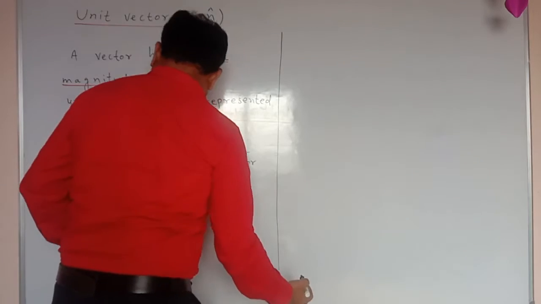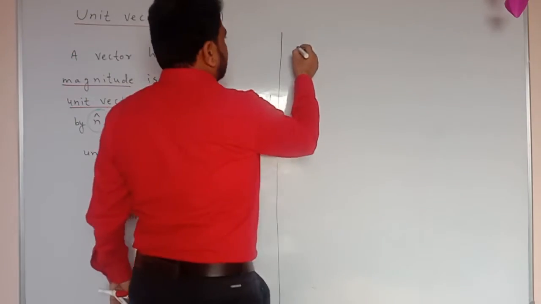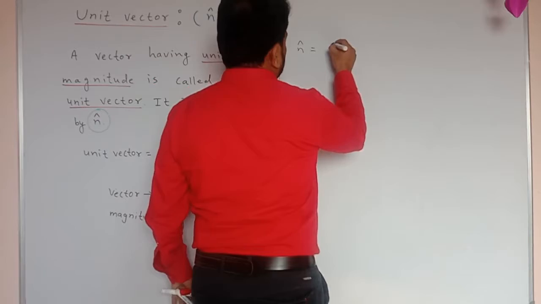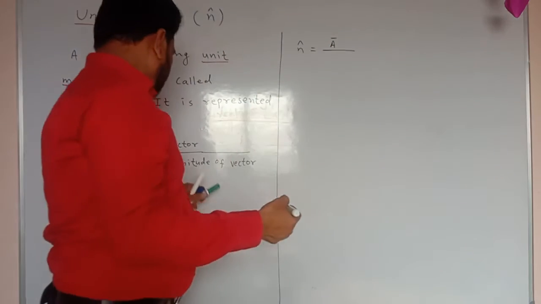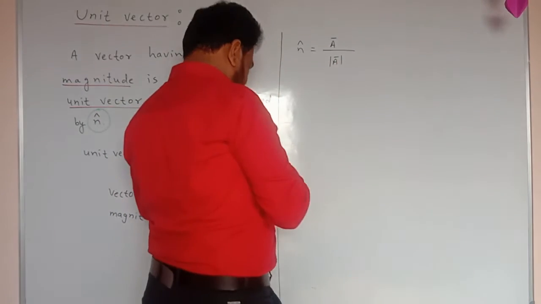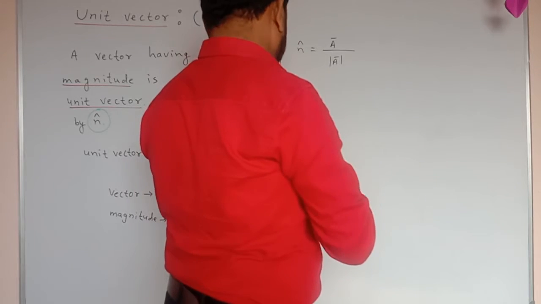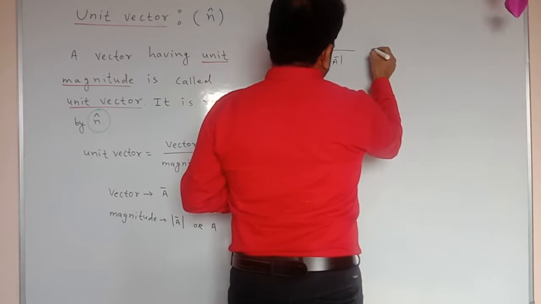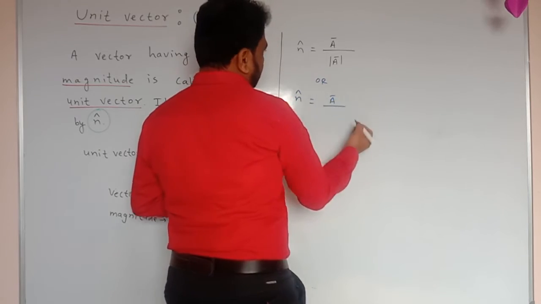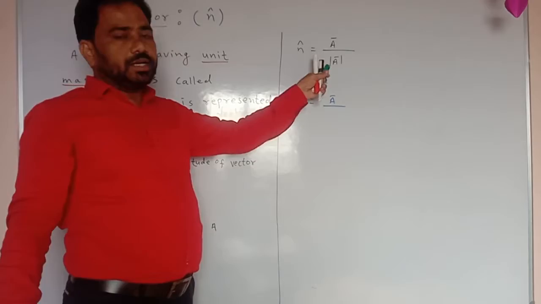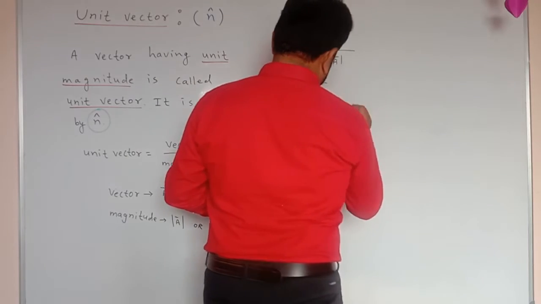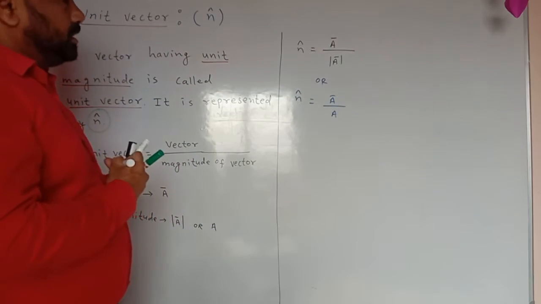So put in this formula, what will we get here? Unit vector n cap is equal to vector A upon magnitude of vector, and magnitude of vector means mod of vector A. Or we can represent n cap is equal to vector A upon simply A, instead of mod of vector A. So these are the representations of the unit vector.